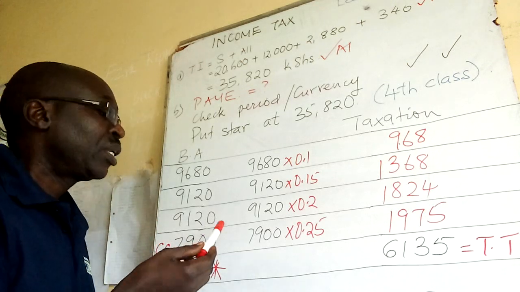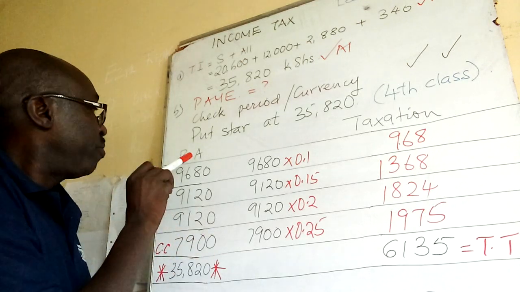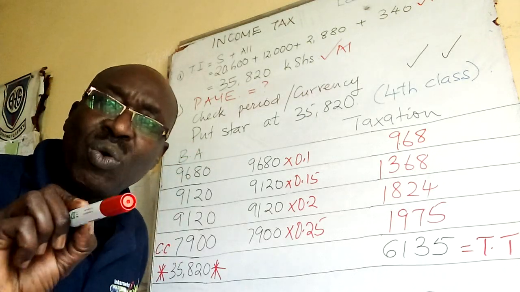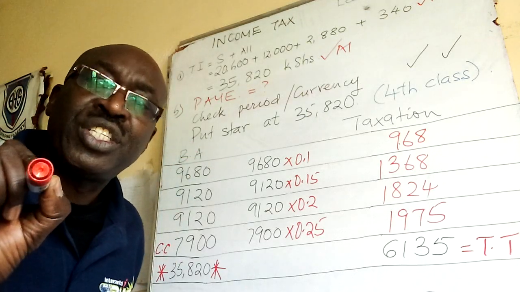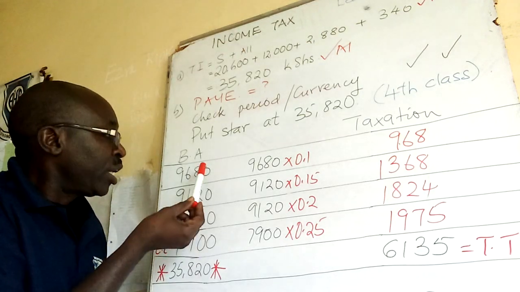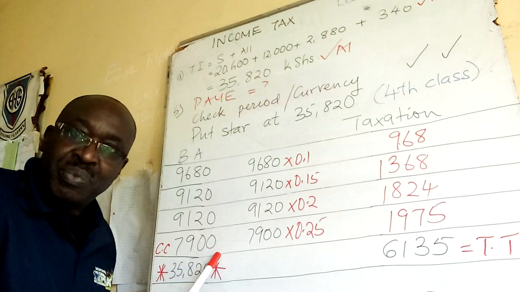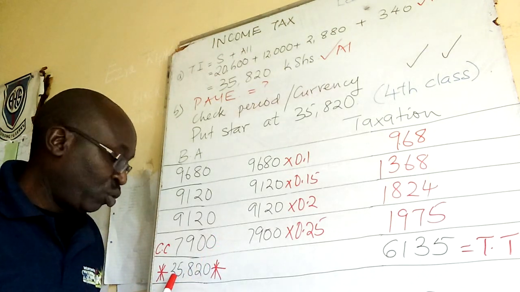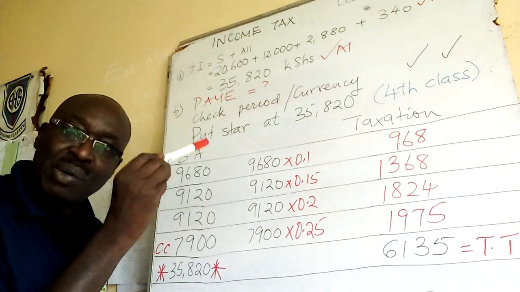Right? Now, once you understand bracket amount, I want you to always do a counter check. CC, counter check. If this money is done correctly, it should give you your taxable income.